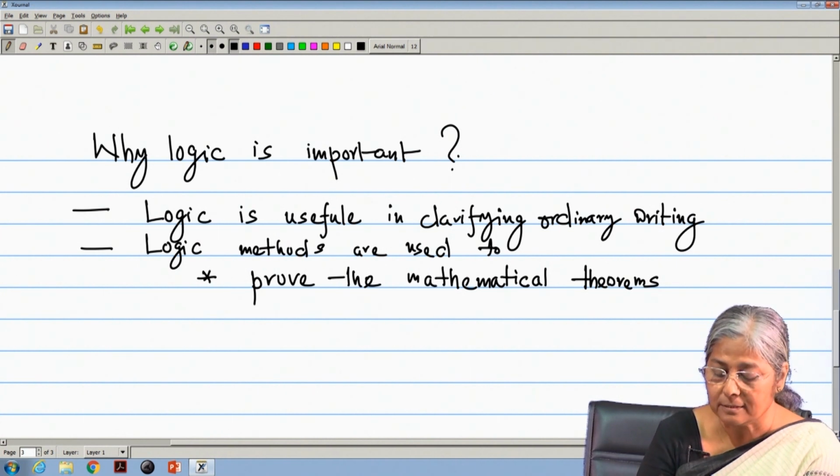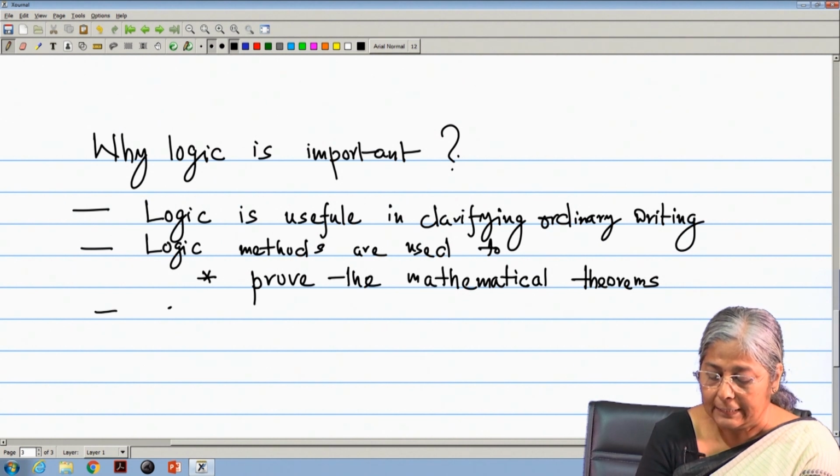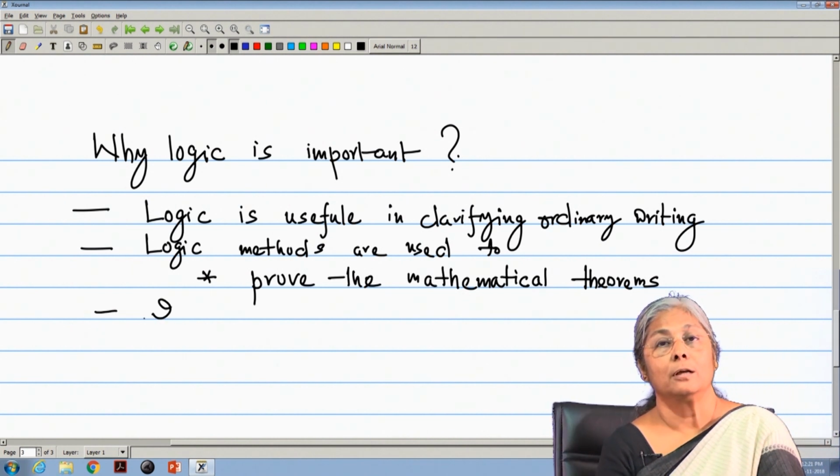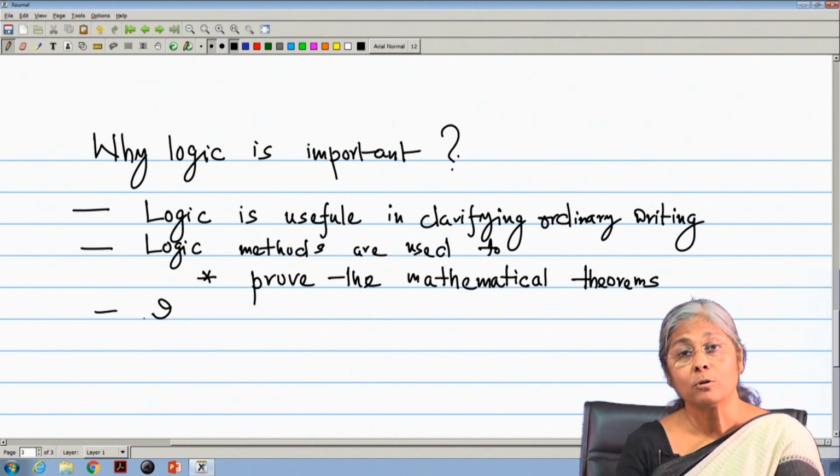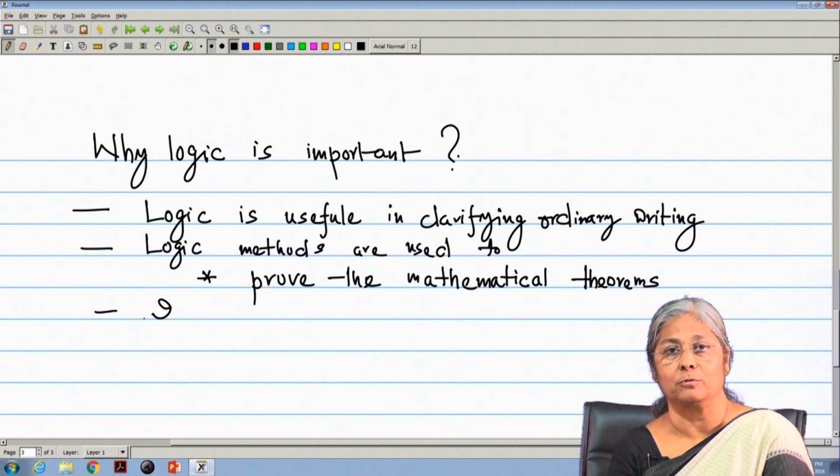In computer science, it is used to write the correct program or to prove the correctness of the program.